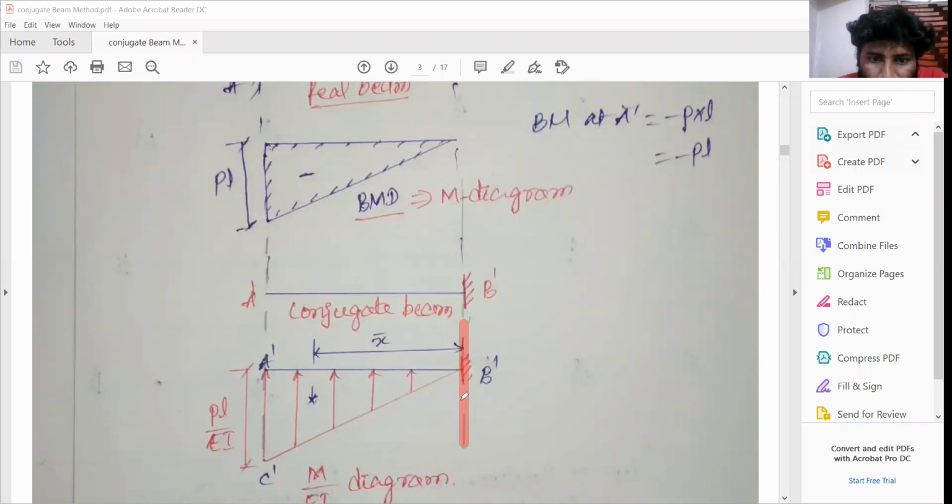So for shear force at this section, you see, left up forces, right down forces. We know that shear force is left up. So I wanted to find the shear force at this support at B because I wanted to find the slope at B. Therefore, I have to take the shear force about the corresponding section.